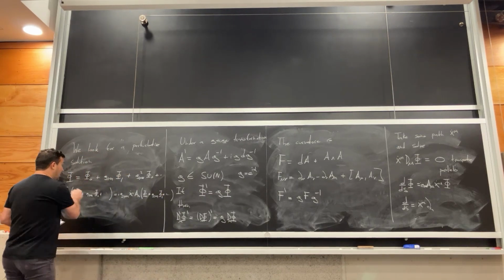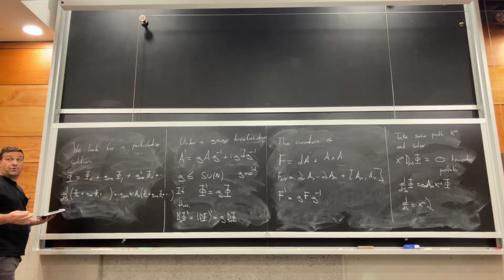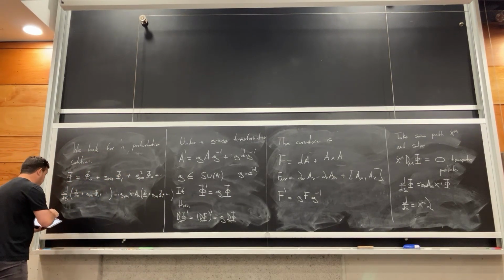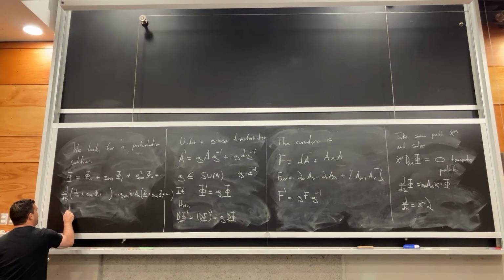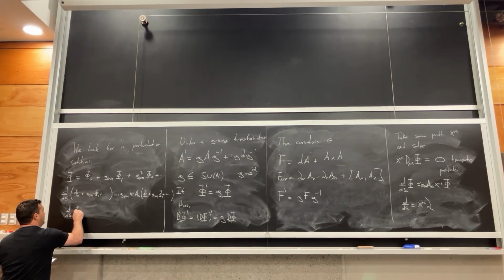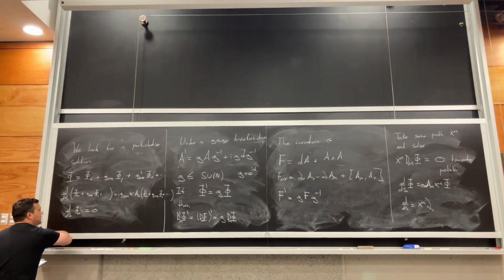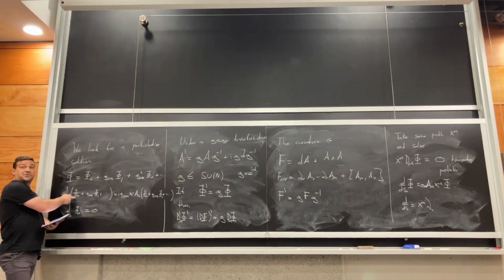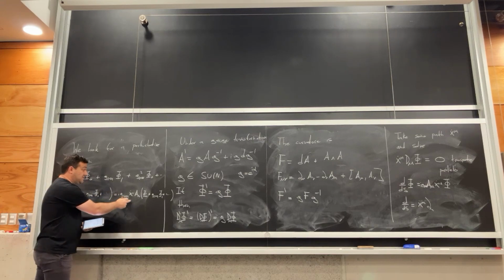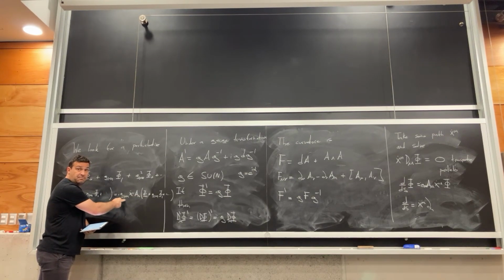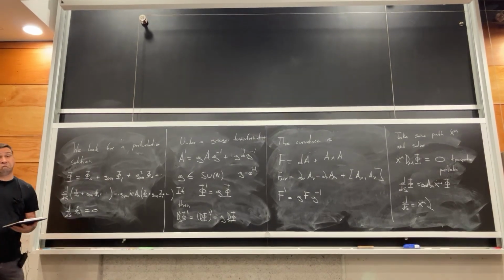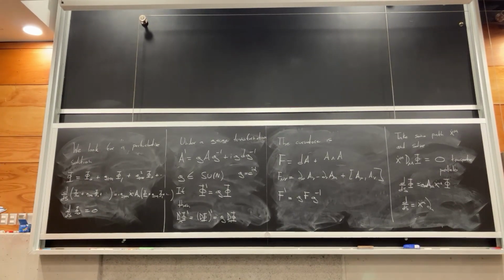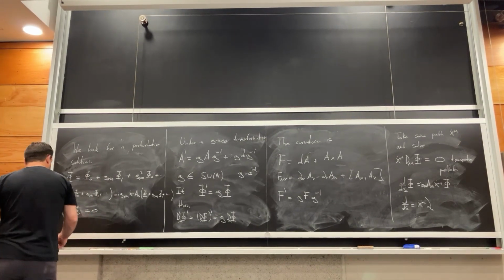Now I just equate order by order in g Yang-Mills. So the first one will be d/ds of phi 0 is 0, because this is the first order, g Yang-Mills to the 0, and this one starts at g Yang-Mills. Right? So at first order, phi has to be constant. Nice. What about the next order?